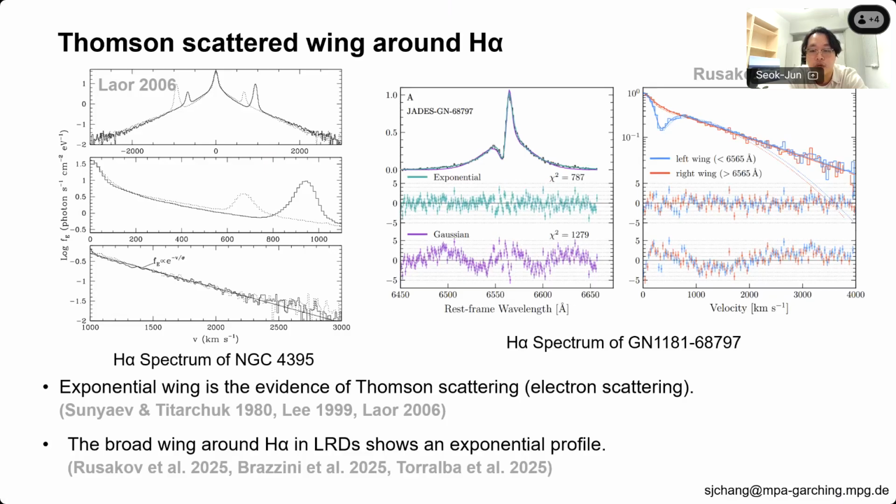In the middle panel, we can see the exponential fit matches the wing much better than a Gaussian. So it tells us that the broad H-alpha component in little red dots may not be the classic broad line region, and could instead be produced by Thomson scattering if LRDs have Thomson-thick gas.